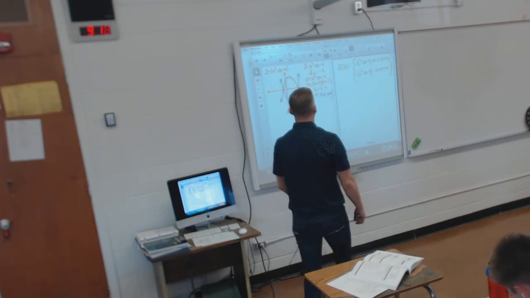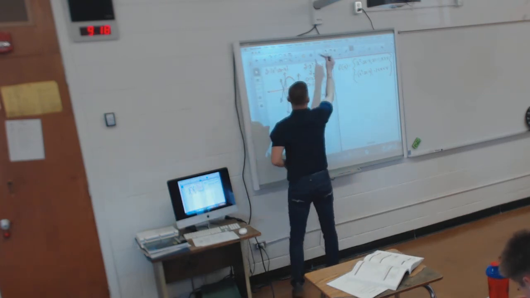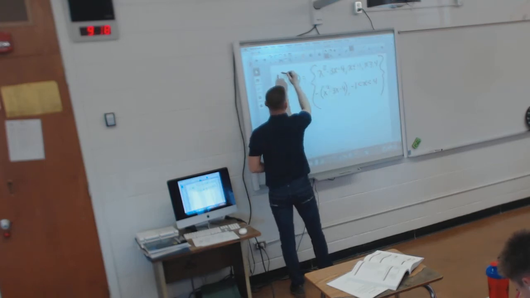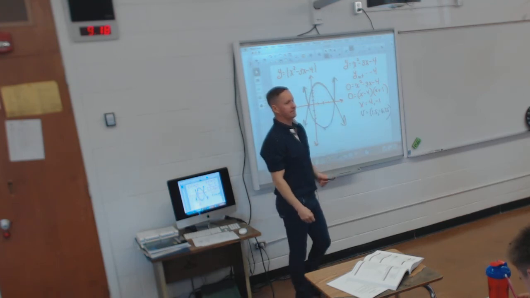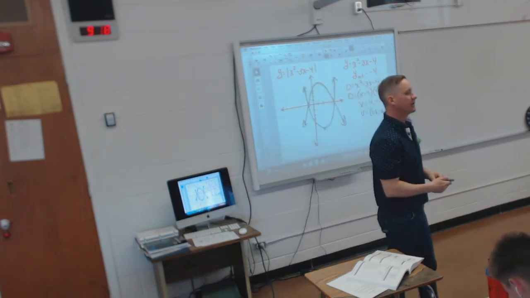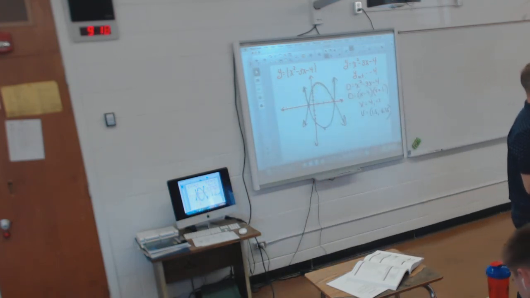Okay, so to graph, to go back to this, to graph this guy, all right, use your technology if you want. Use your technology today. You need at least the vertex, all the intercepts, and then graph it.